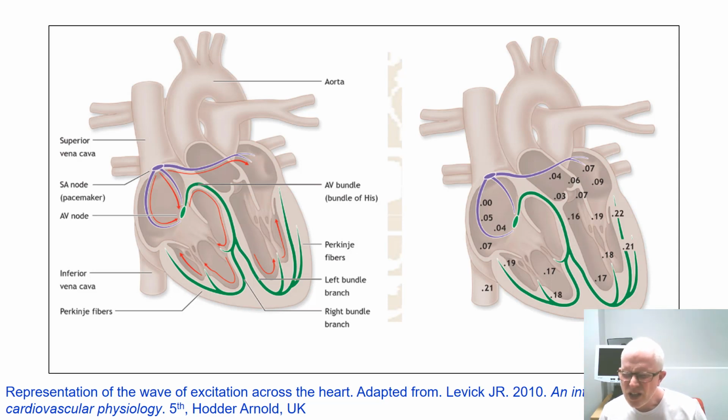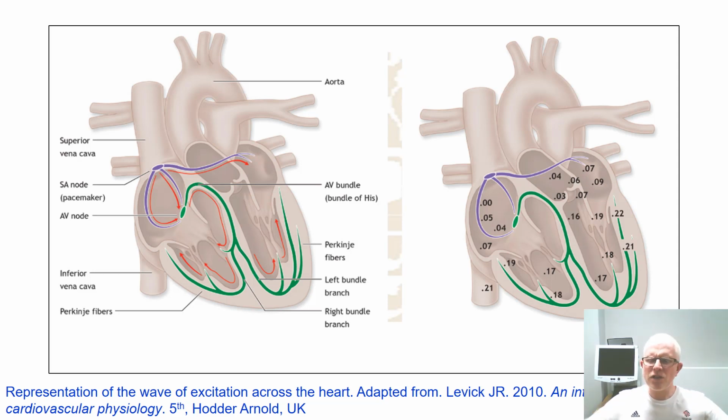And again, you can see that at time frame 0.17, we're still innervating the AV bundle, the bundle of His, but you can also see that the Purkinje fibers are now starting to be innervated as well, towards the lower axis of the heart.